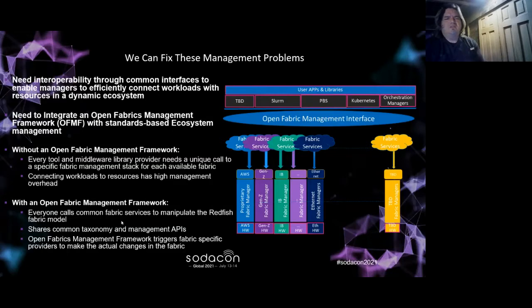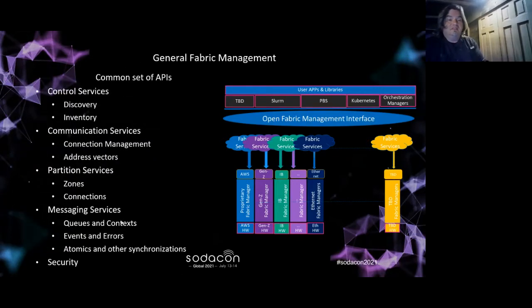Currently, the Open Fabrics Management Framework Work Group is working through architectures and use cases associated with building clusters on various fabrics such as Slingshot and InfiniBand and Gen Z, and deploying workloads from workload managers, Slurm and Kubernetes. And of course, the more fabrics and the more workloads we can analyze, the more insights we'll have into developing common functions. And that really leads us to this slide.